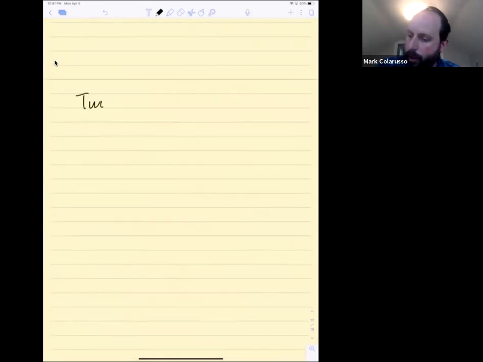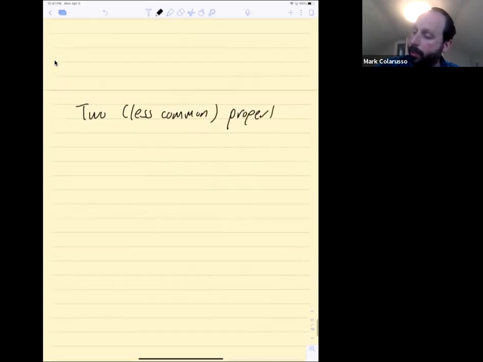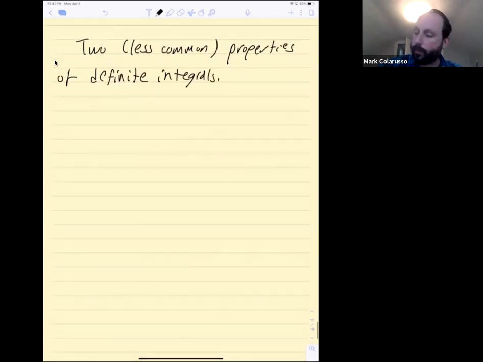So two less common properties of definite integrals. One is the switching limits of integration property.